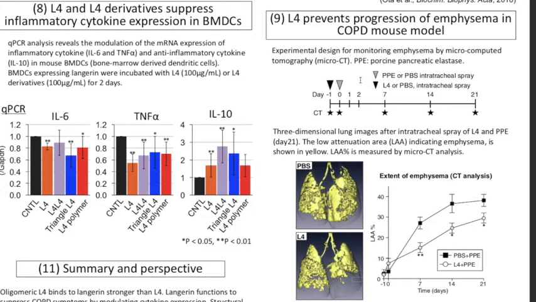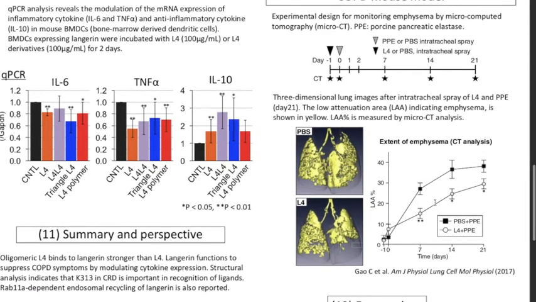PPE administration following L4 administration was performed, and low attenuation areas of the lung, indicating emphysema areas, were measured by micro-CT analysis. As you can see, L4 administration reduced low attenuation areas significantly, which indicates L4 mitigates COPD phenotypes in vivo.